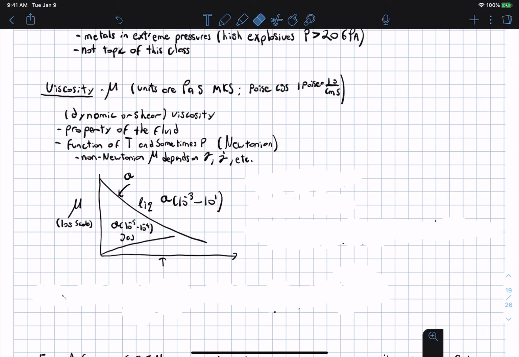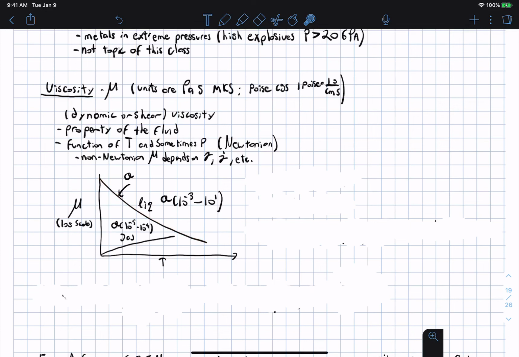So remember that the shear stress is proportional to the strain rate, or the velocity gradient, multiplied by viscosity. For a liquid, the viscosity decreases substantially with increasing temperature.